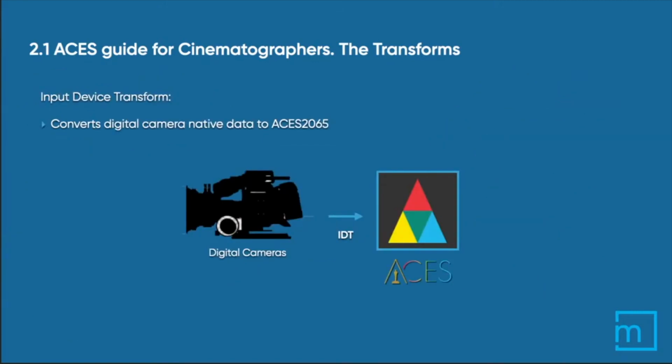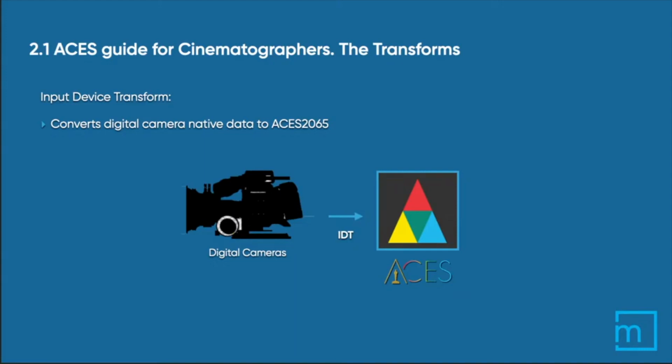The first one we will find is the IDT, or input device transform. All the materials through the input transform will already be in the same color space and more closely balanced. The IDT does not make all cameras look the same. This is not going to make a GoPro look like a 100,000-pound camera.